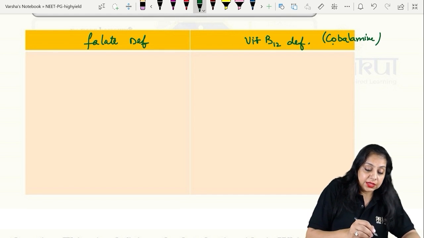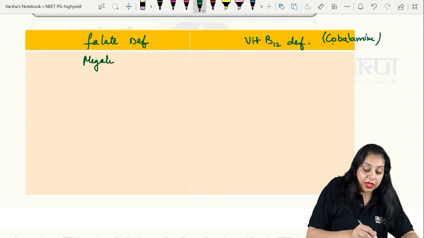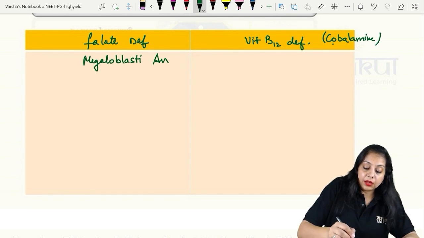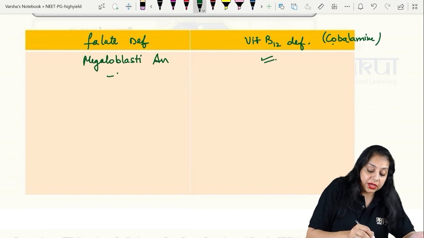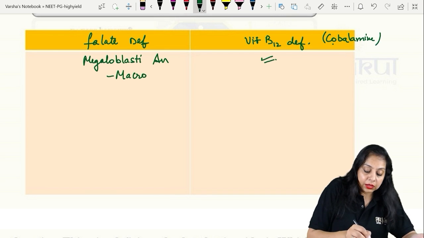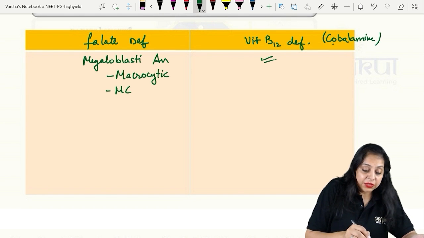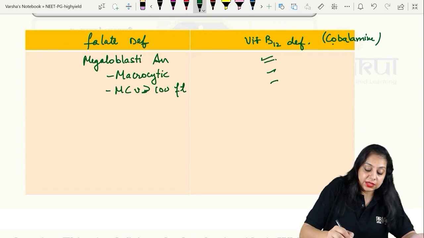In both cases, the patient is having megaloblastic anemia. It is also macrocytic, with mean MCV greater than 100 femtoliters in both cases, right?